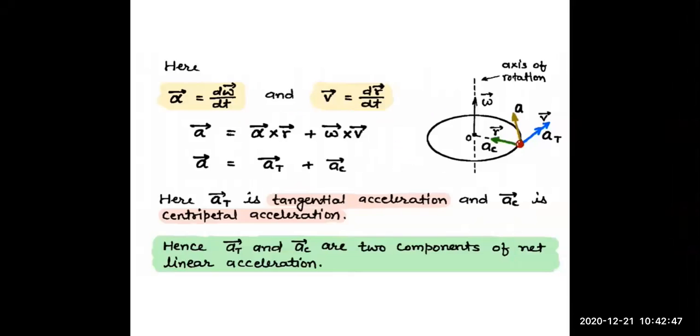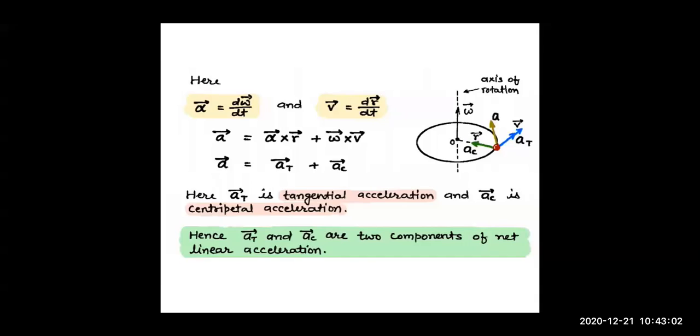This is the relation between the tangential acceleration and the centripetal acceleration, or rather you can say that the relation between the angular and the linear acceleration is given by this, right? Okay.